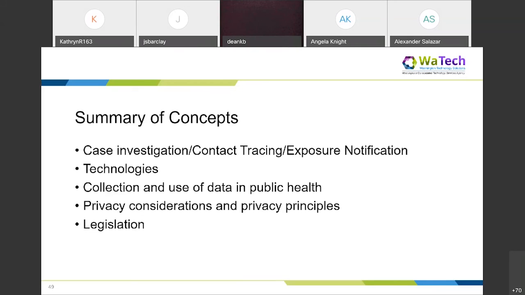Part of what's being looked at, and this is part of the conversation, is that the Google Apple API does not allow the geolocation data to be collected. And I think I mentioned there's some utility in that data for public health officials.